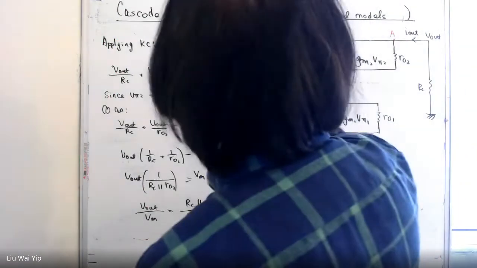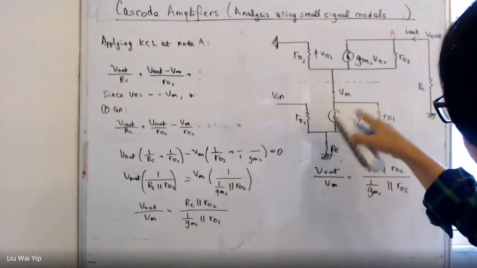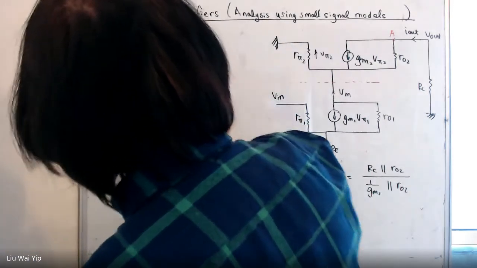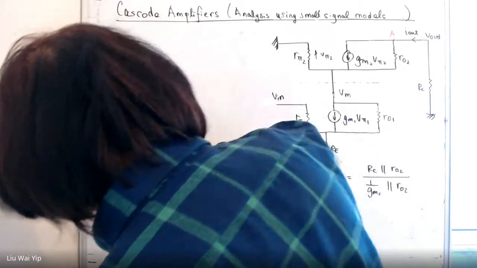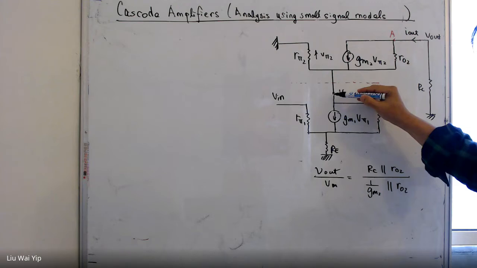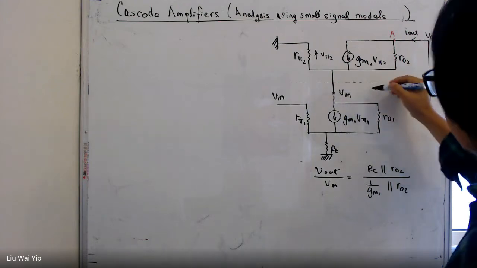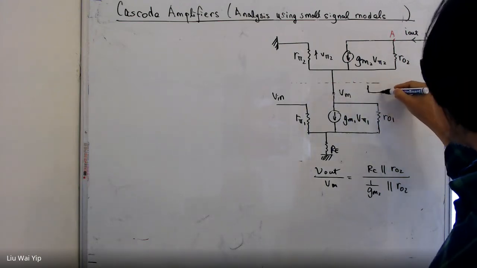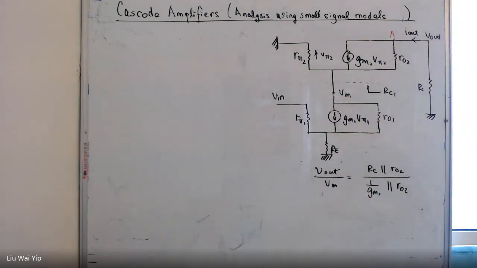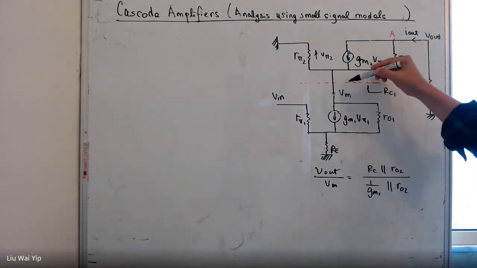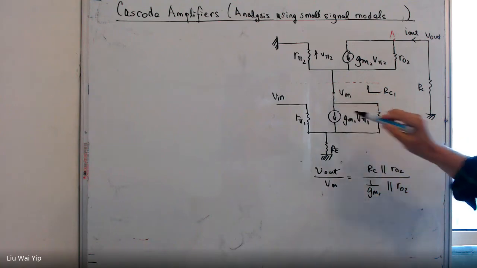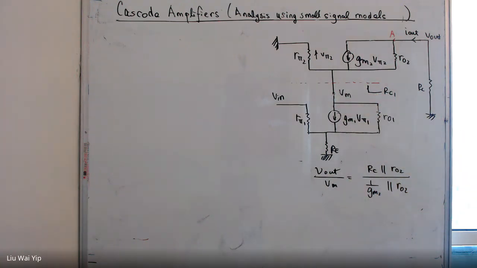Okay, so we are going to work out Vm over Vin. And just think about the resistance that we look up as RC1, the lumped resistance connected to the collector of transistor 1, Q1.